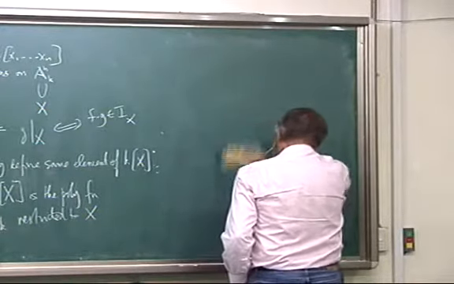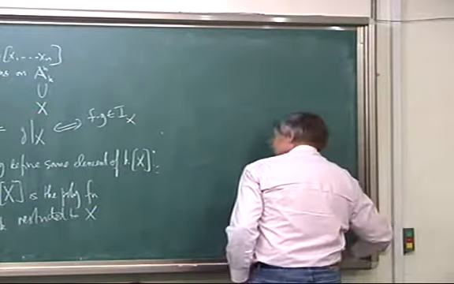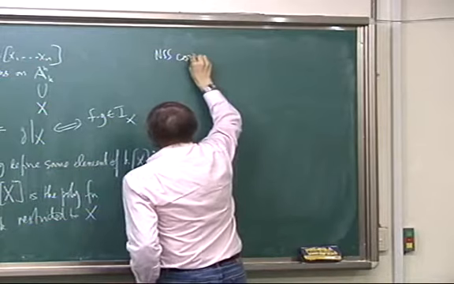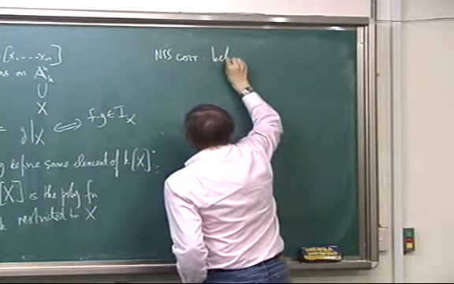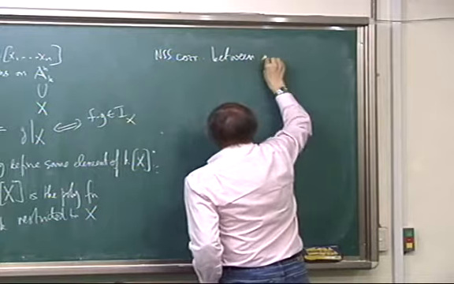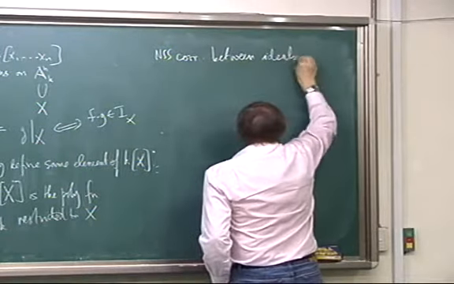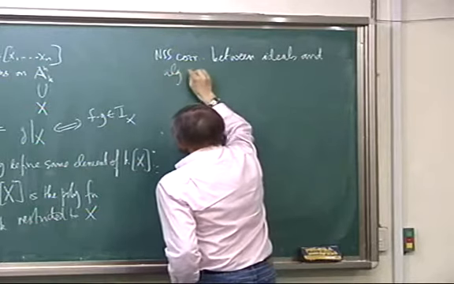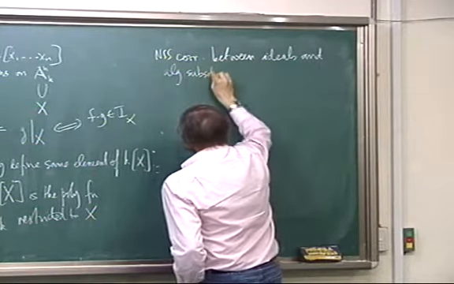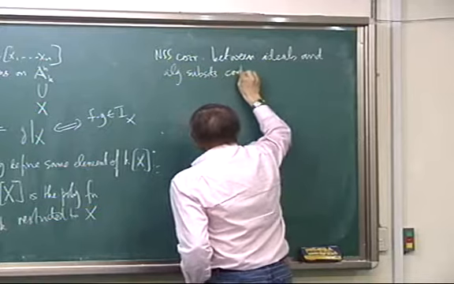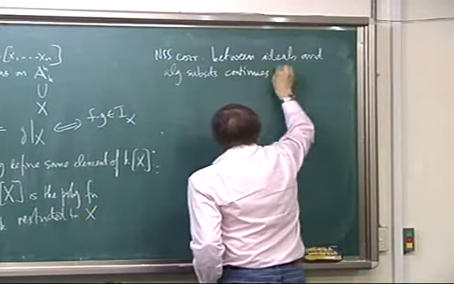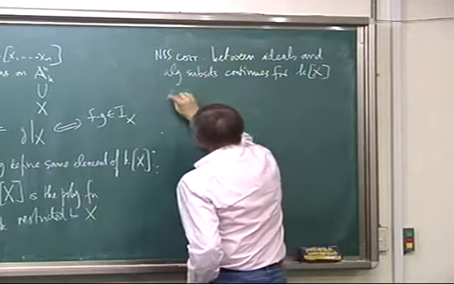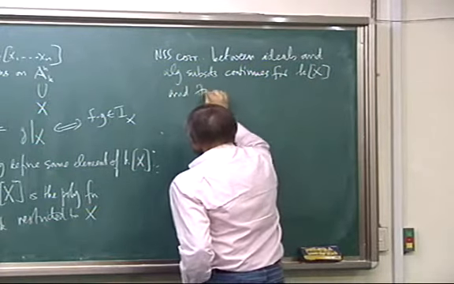So the Nullstellensatz stuff, the correspondence between ideals and subsets, algebraic subsets, continues for K of X and its algebraic subsets.